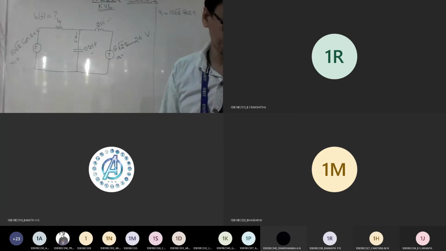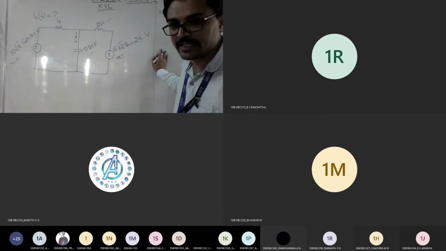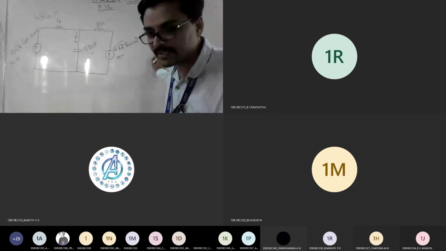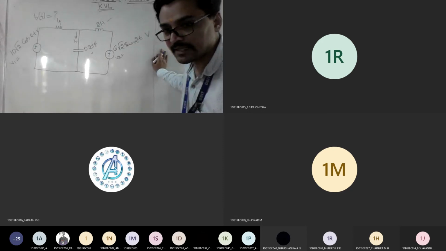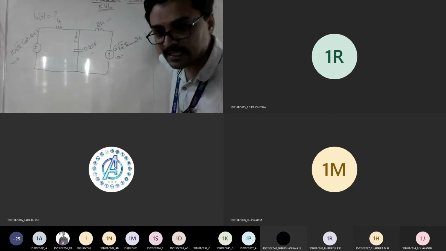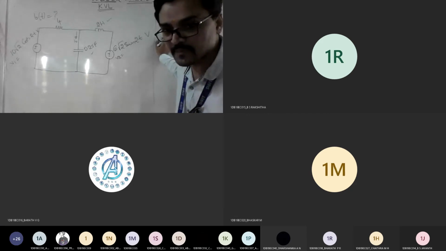Here you should analyze this in terms of sine. Can I write cos 2 theta as sin of 2 theta plus 90 degrees? I hope you remember trigonometry. Can I write cos 2 theta as sin 2 theta plus 90? Yes or no?